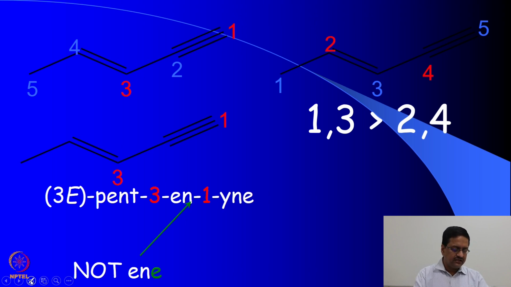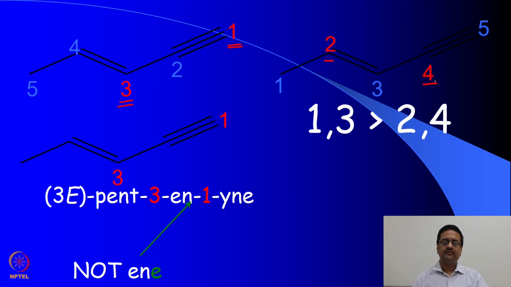So, when you try to number it from the right hand side, giving priority to the triple bond, the number gets 1, 2, 3, 4 and 5. So, the numbers for the triple bond and double bond are 1 and 3, whereas if you try to number it from the other end, then the positions of double and triple bonds get numbering 2 and 4.